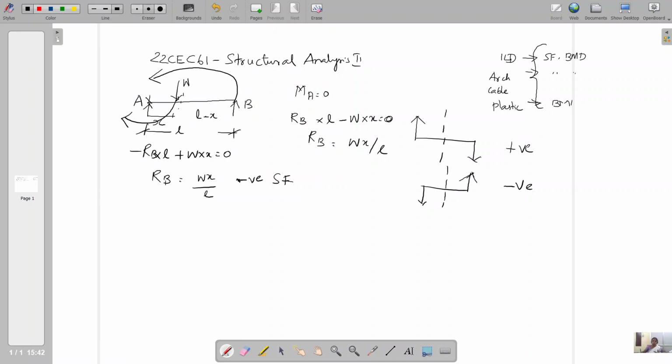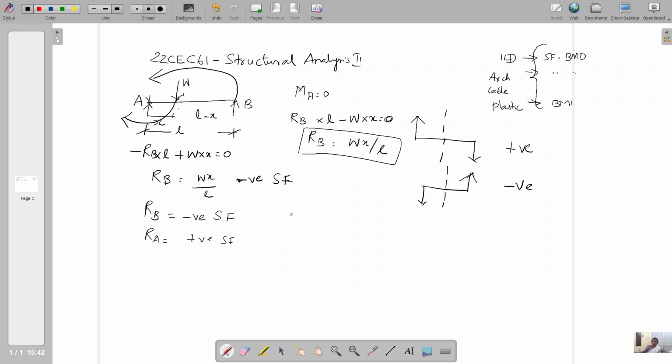This is one very important point in moving load: RB is always referred to as negative shear force, while RA is referred to as positive shear force. Then we have calculated the RB value, which we can refer to as a minus value.